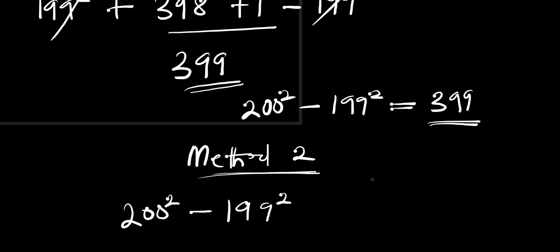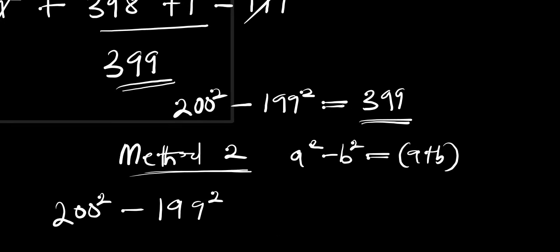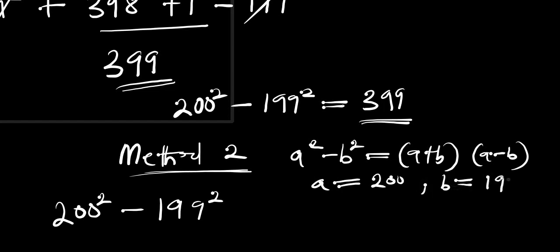Now, the difference of two squares simply means if you have a squared minus b squared, this equals a plus b times a minus b. And in this case, our a equals 200 and b equals 199. So what we are going to do is to insert where we have a 200 and insert where we have b 199.